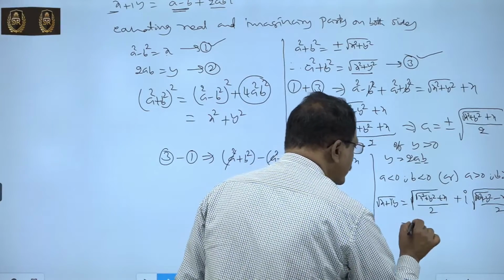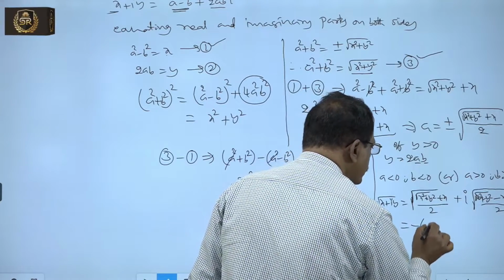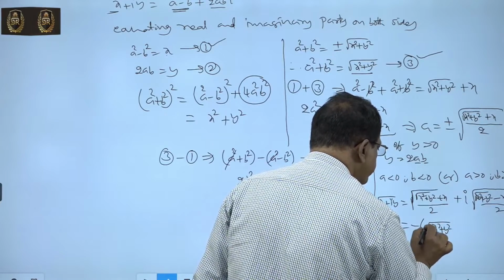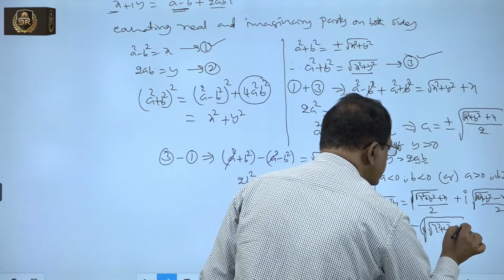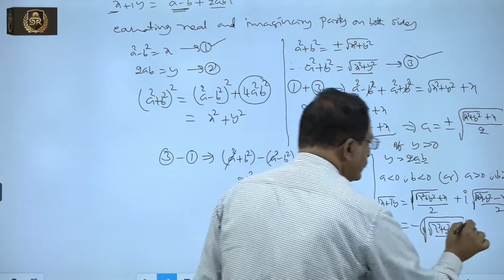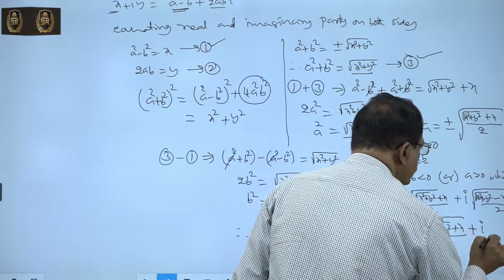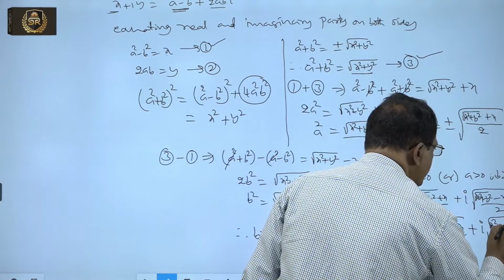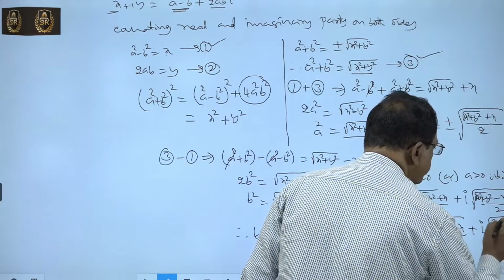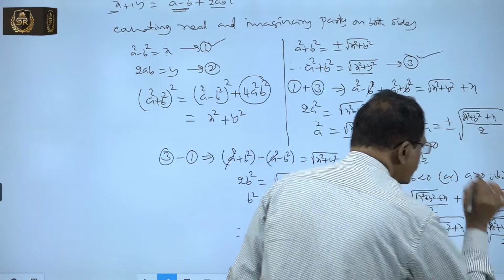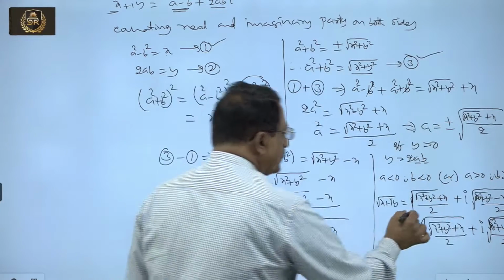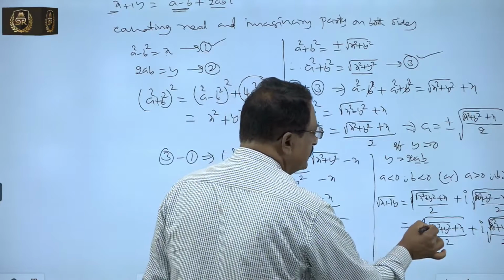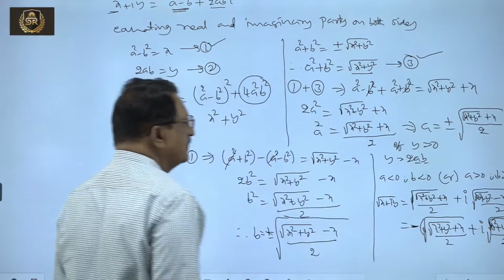In that case, we get minus the square root of the square root of x square plus y square plus x by 2, plus i into under root of the square root of x square plus y square minus x by 2. Both are positive, otherwise both are negative. Here the minus sign outside, a is minus, b also minus.